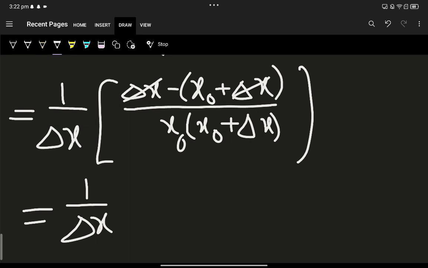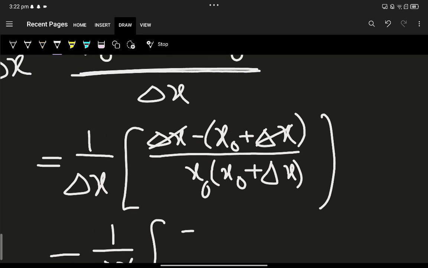in the numerator, right? Minus 1 remains in the numerator, and x naught square, and then x naught plus delta x will be something like this, right? So it will be 1 by delta x minus, why am I writing x delta x over here?